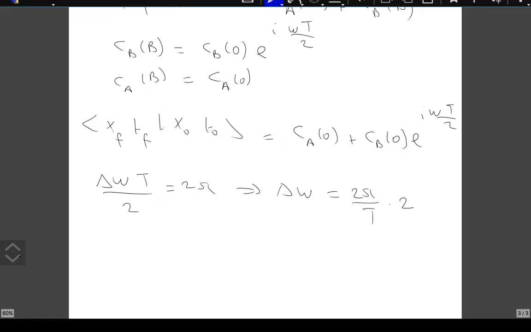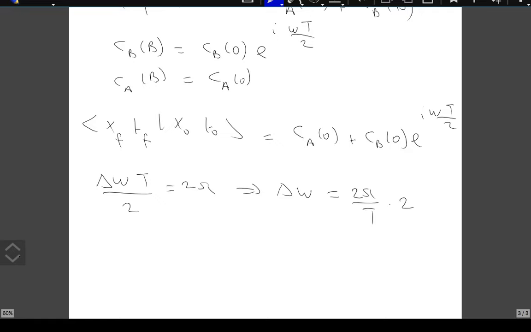Because in that case, this delta omega t over 2 is just 2 pi, and e to the power 2 pi times i is just 1. So you start with B at 0, you start turning it on, and you start increasing the magnitude, and you see when the interference pattern goes back to the initial pattern.